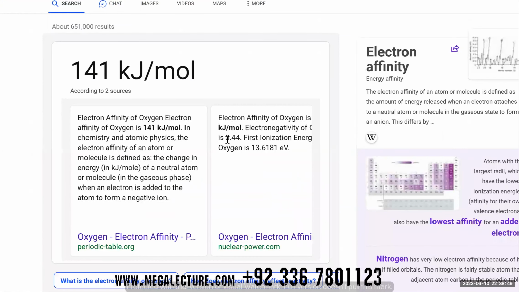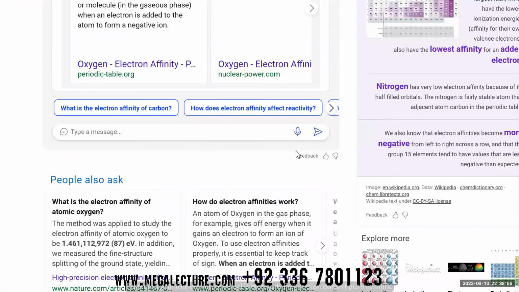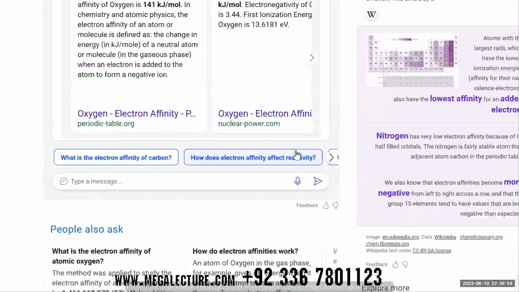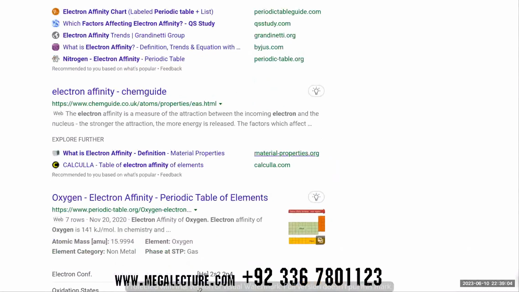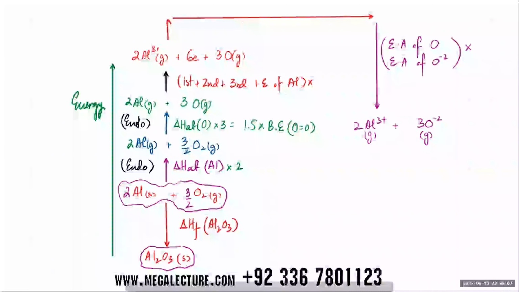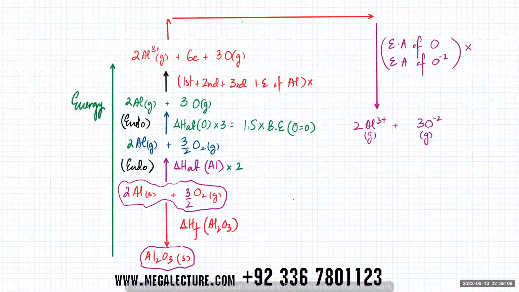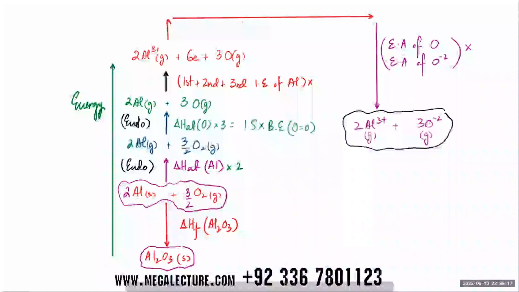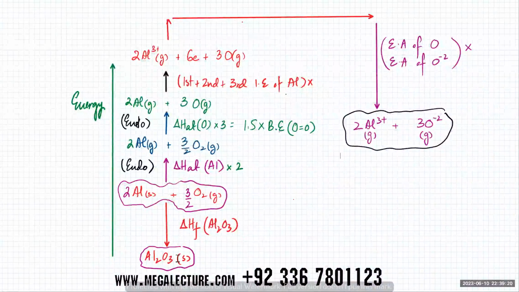So the electron affinity of oxygen is 141, given in electron volts. We'll later on do a question where the actual values would be given. So finally, I'm at the gaseous ion point, right? Now, those gaseous ions can get together to form this ionic lattice, and that's basically lattice energy.